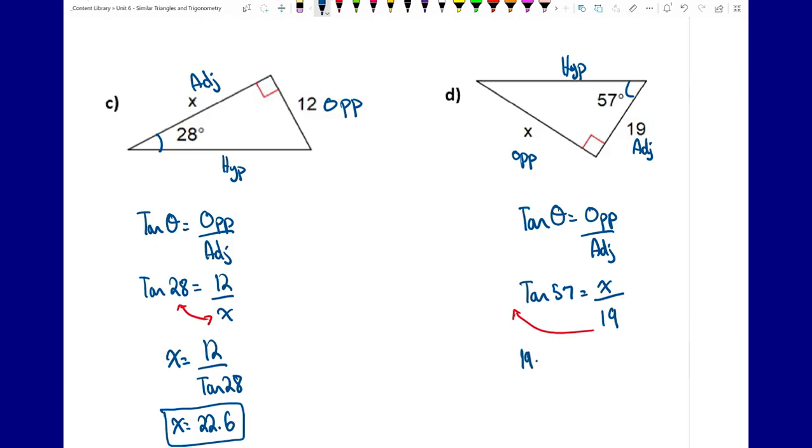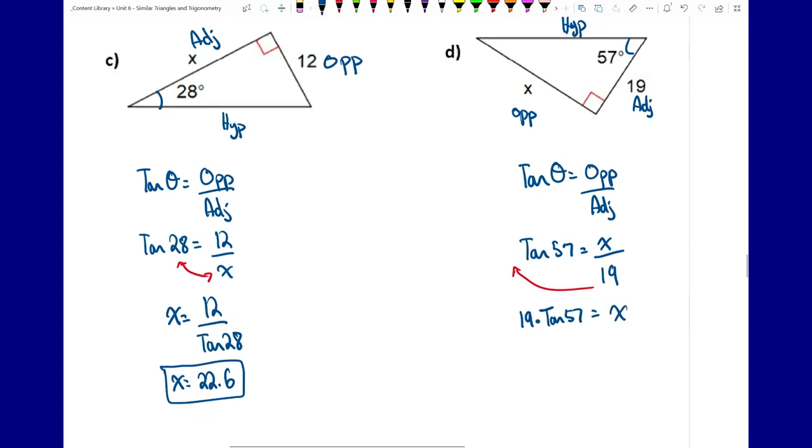So I get 19 times tan 57, which is equal to x. And now I just have to multiply. This, again, can be one calculation. 29.3 is equal to x.